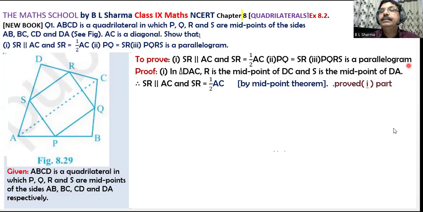For the second part, again we can take triangle ABC.